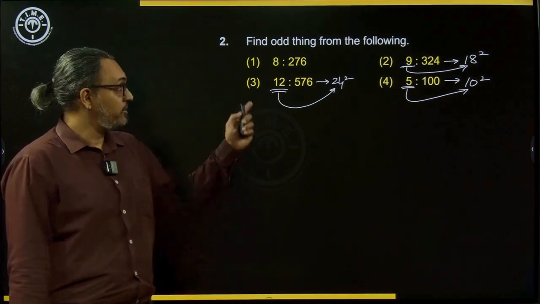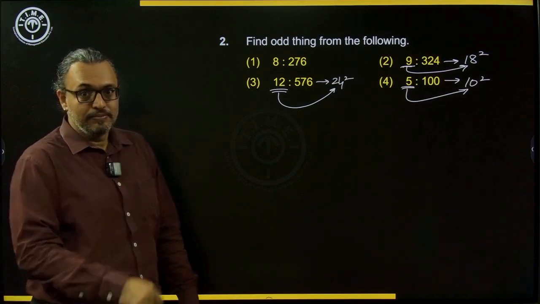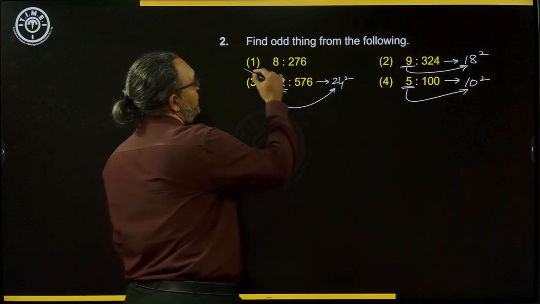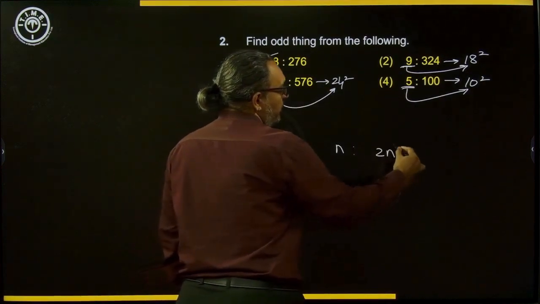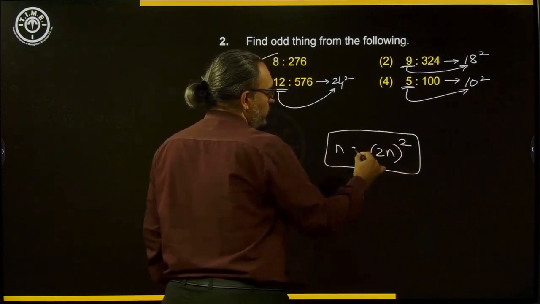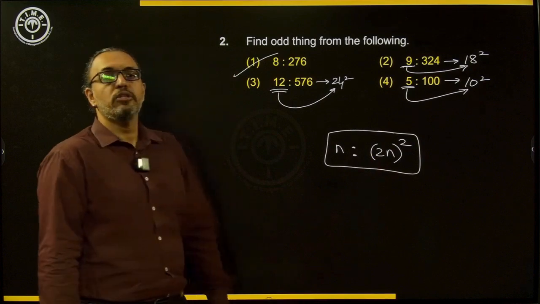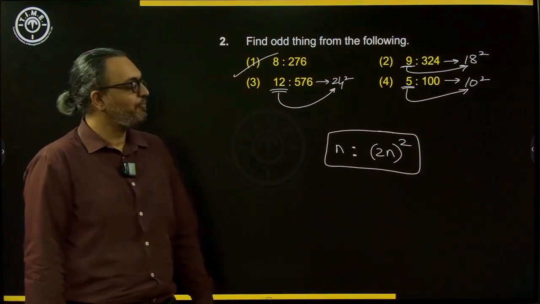And anyways, 276 is not a square, correct? So that is why that is going to be your odd one out. So basically it is n is to 2n whole square. That is the format for the remaining options, correct?